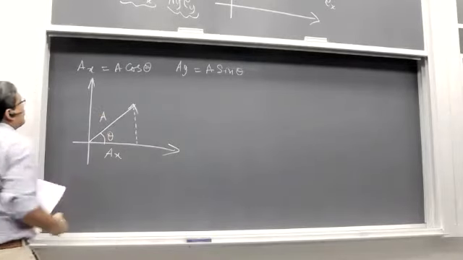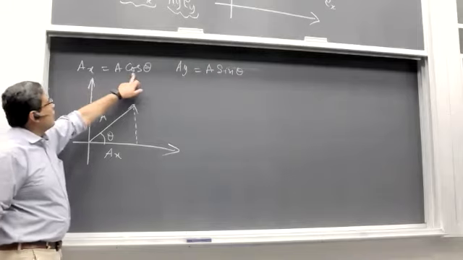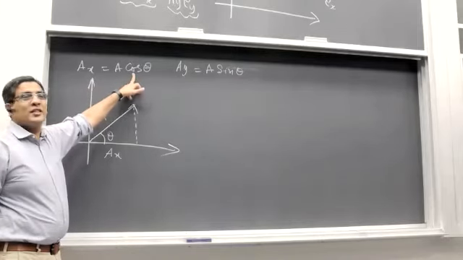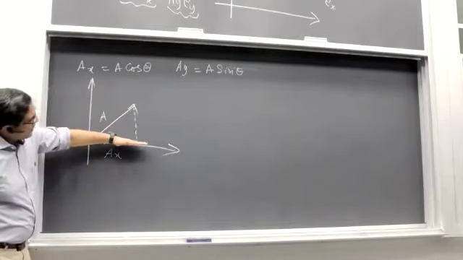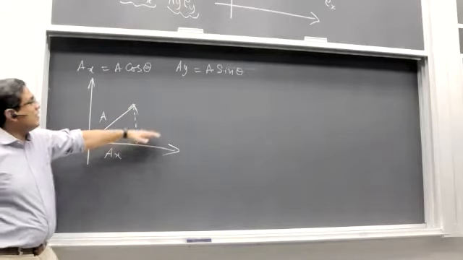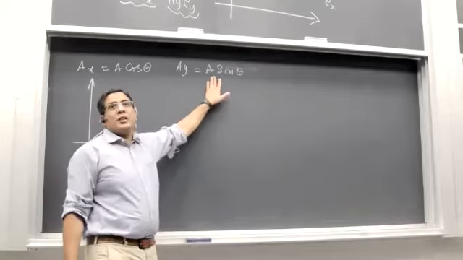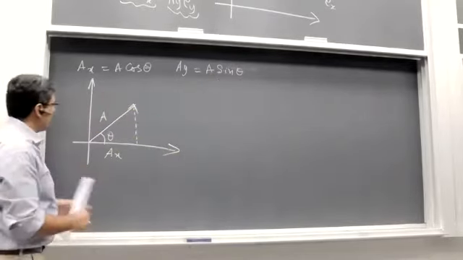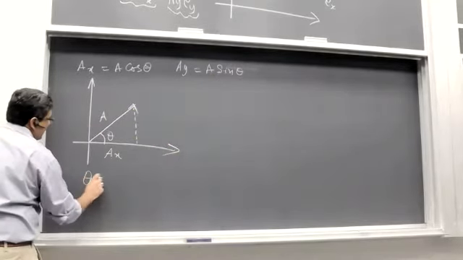A. Equals to a, and cosine 0 is 1. So the whole a vector would be pointing in the x direction, okay? And the component along y would be 0. You can also test it for other values of theta, and that would make sense.